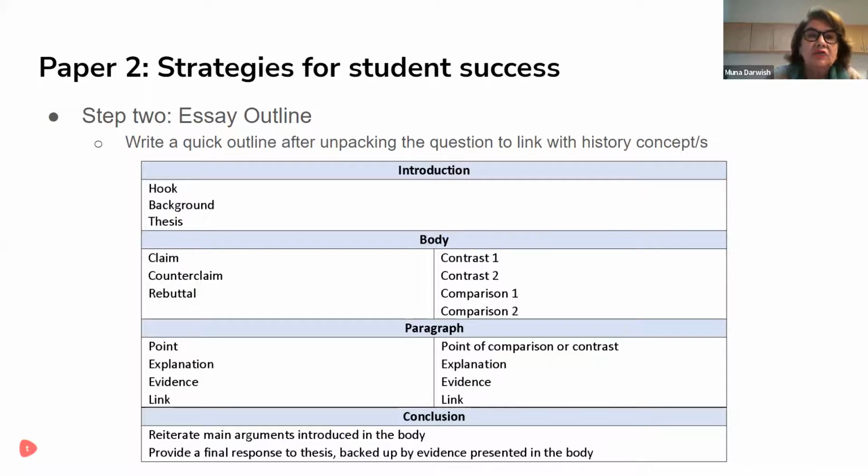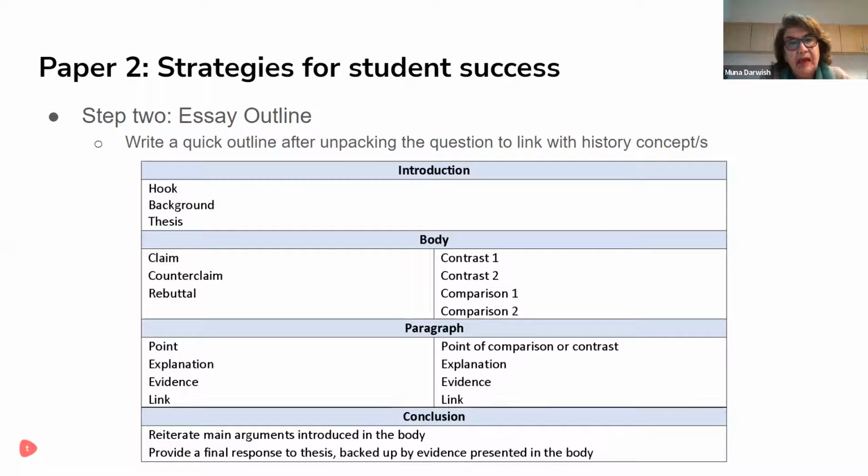And here it's written counterclaim, which in history we say an alternative perspective, for explaining the concept under consideration. And then a rebuttal, and if we are doing a compare and contrast essay, we say contrast 1, contrast 2, comparison 1, and comparison 2. Contrast and comparison are other words for similarities and differences.